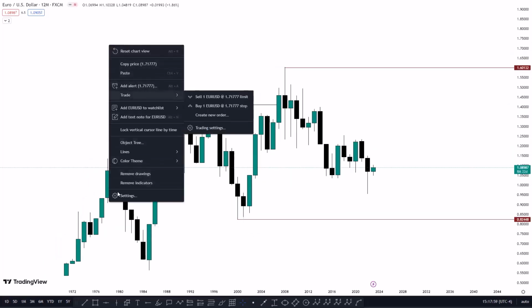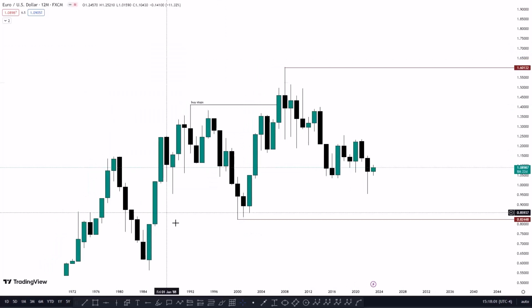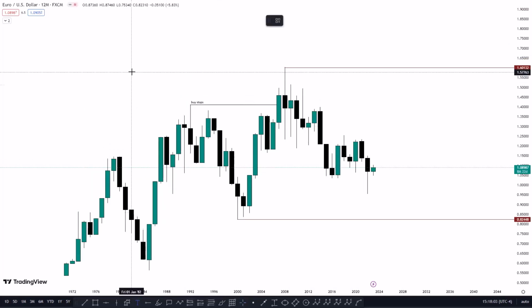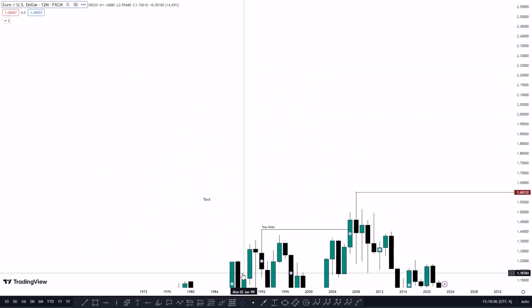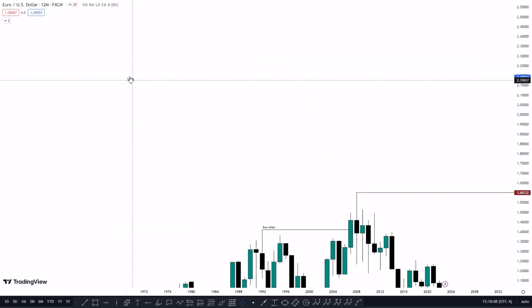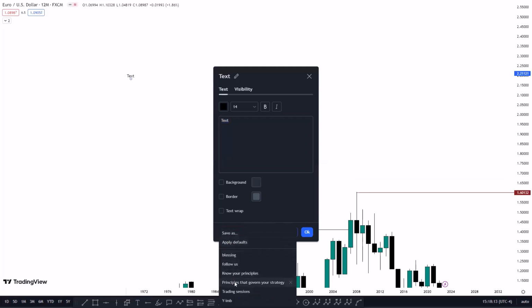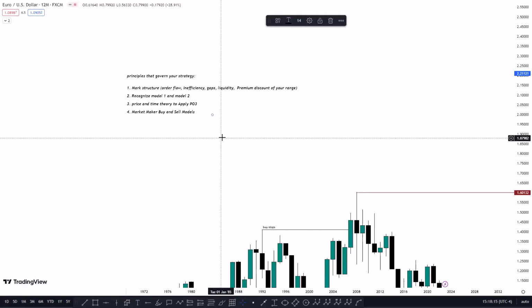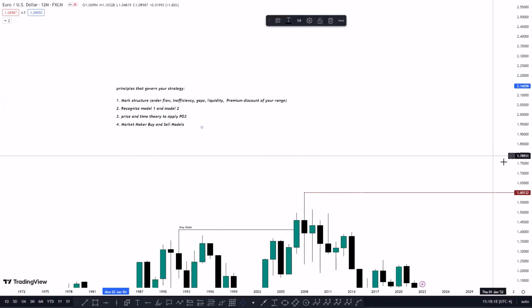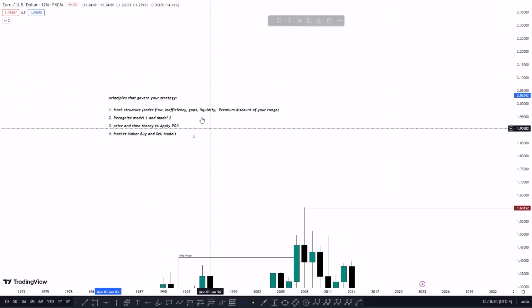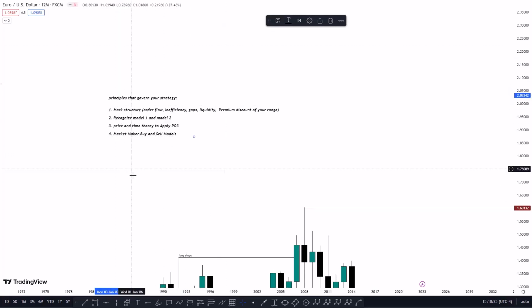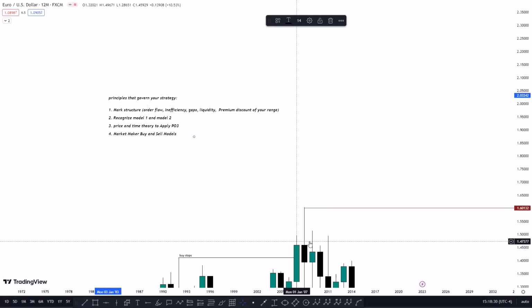If I have to show you something to remember, you have principles that will govern your strategy. Market structure, mark order flow. Try to mark order flow every time you open your chart.